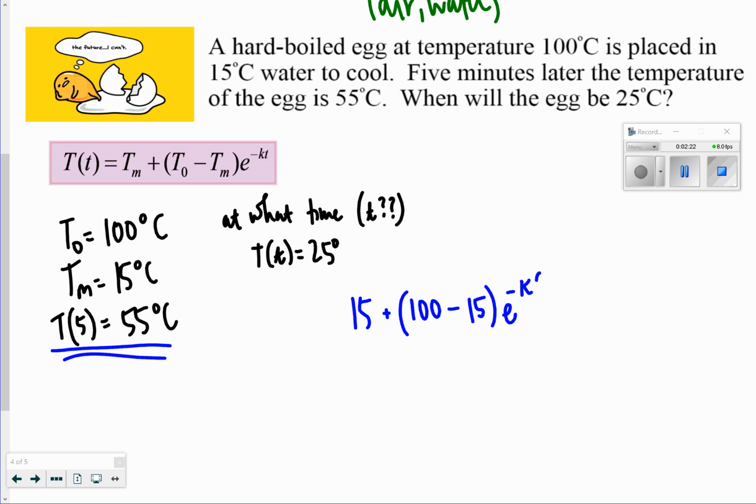So I'm going to put 5 for t, and then my T of t is going to be 55. So right now, I have one variable in this equation. K is a variable, e is not, e is a number.